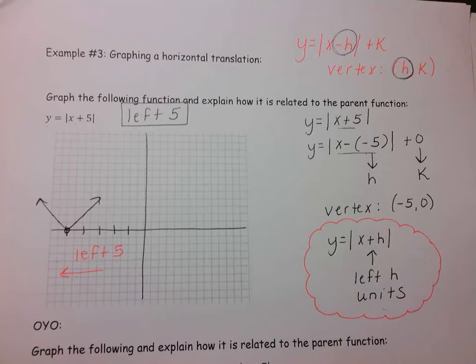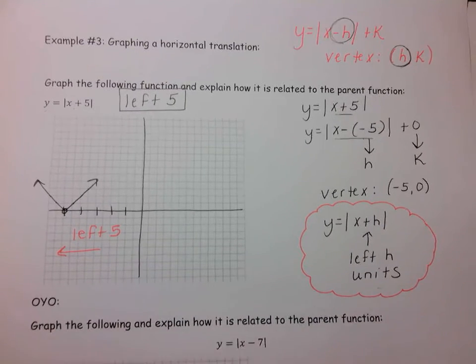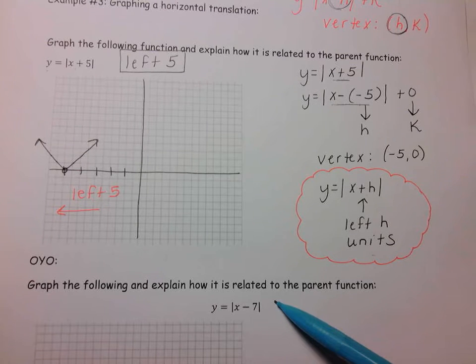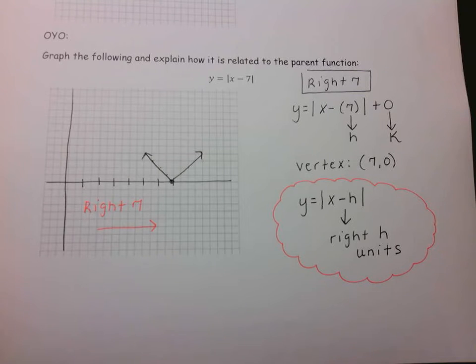Okay, so now go ahead and take what you know about what I just told you and predict what the graph of this will be and how this is going to be related to the parent function. This graph is going to be shifted to the right 7 units.